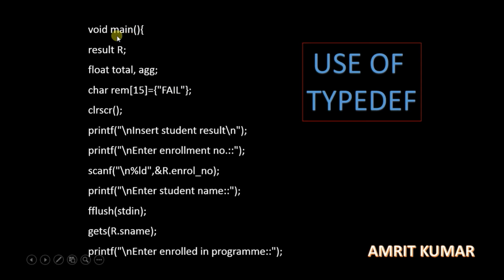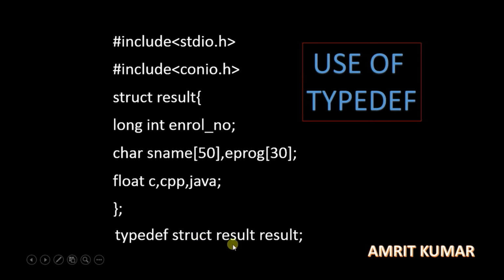After the declaration of main, I am declaring here the result as a capital R. So whatever the result contains is going to be replaced with the capital R. So if we write capital R, it means I am writing everything of result, and result contains struct result, means it contains each and every data type of the result structure, that we have created with the help of structure, and we can say this is our own data type because we have created it.